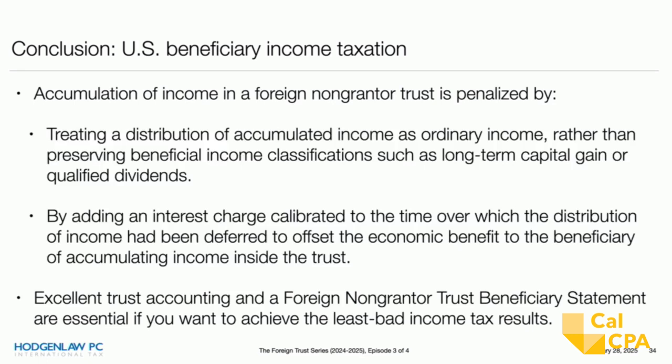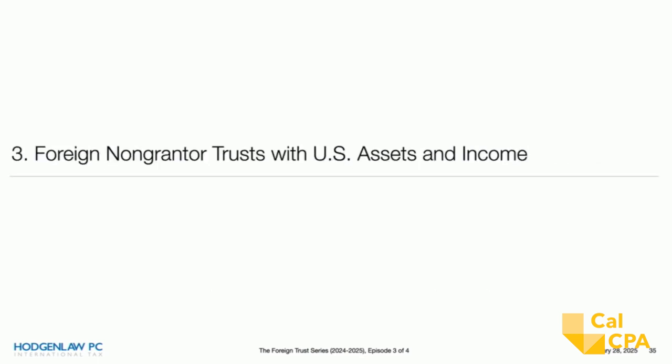But in that case, this sort of defeats the whole purpose of a trust, which is to accumulate and build wealth over decades and generations. Here, you're draining it every year back to capital. So that's not so good. So in general, a domestic trust is going to operate better for U.S. beneficiaries. Now let's move on to the other part, which is the foreign non-grantor trust with U.S. assets and income.